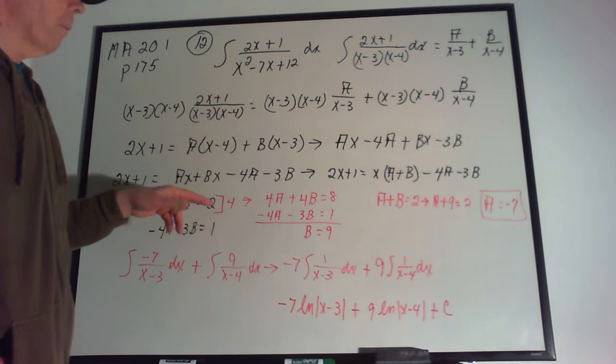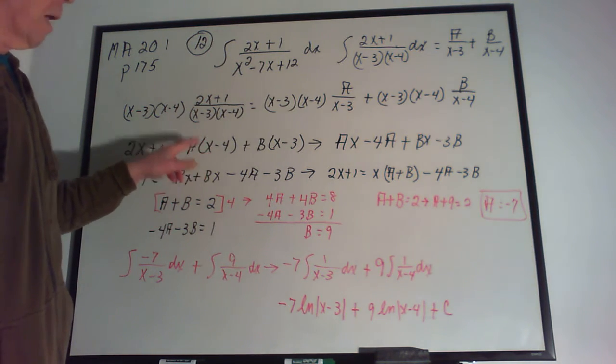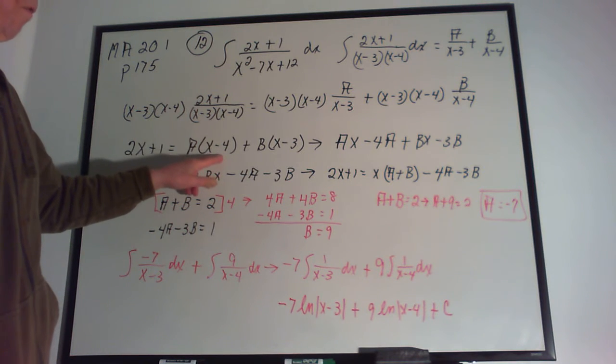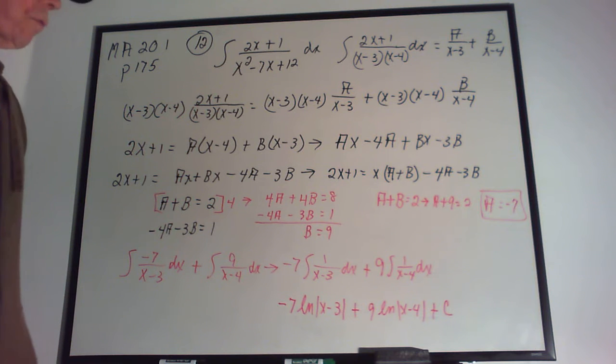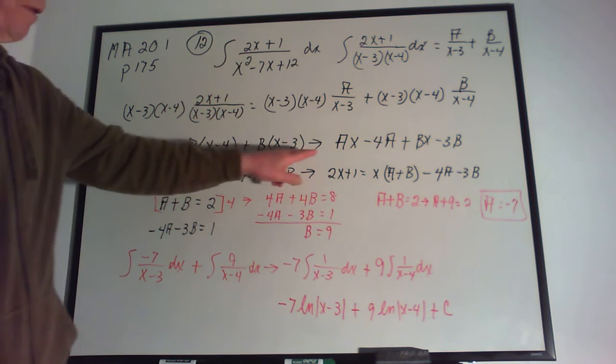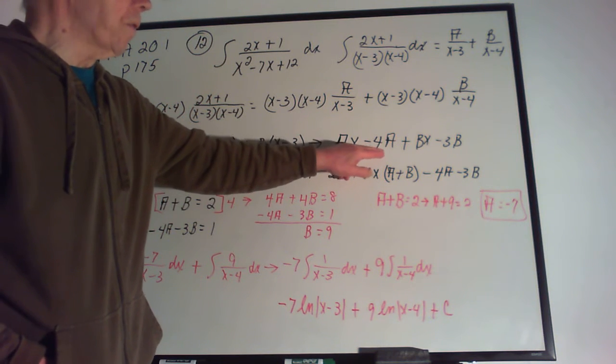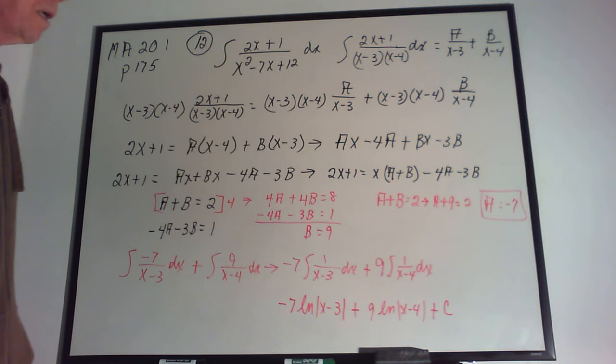Here I'm going to end up with A times x minus 4, and the other one will be B times x minus 3. I multiply through, I get Ax minus 4A plus Bx minus 3B.